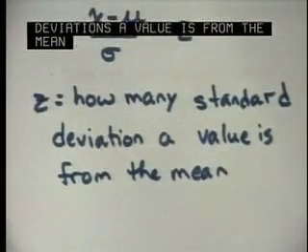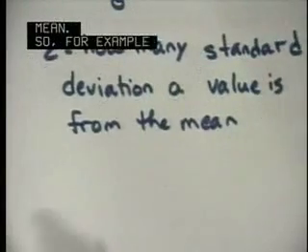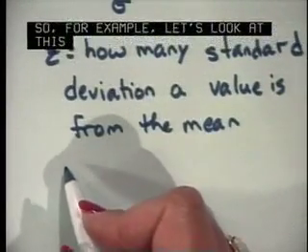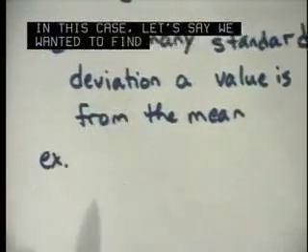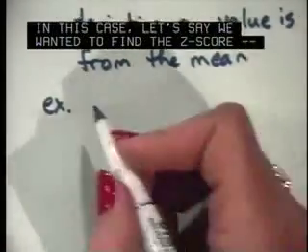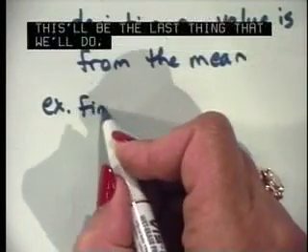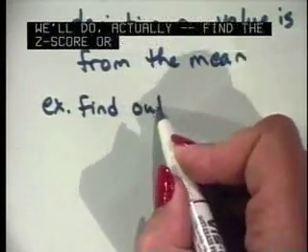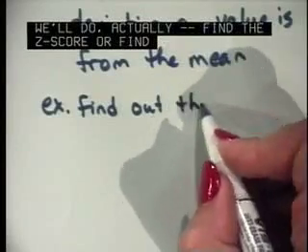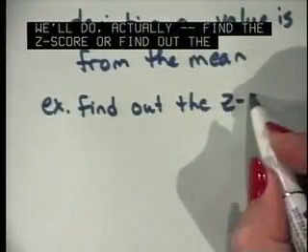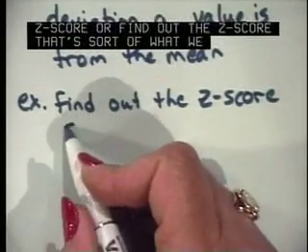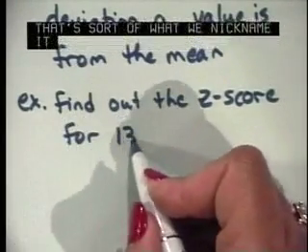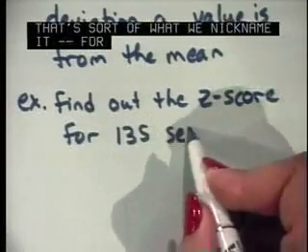So, for example, let's look at this case. In this case, let's say we wanted to find the Z-score. Well, this will be the last thing that we'll do, actually. Find the Z-score, that's sort of what we nickname it, for 135 seconds.